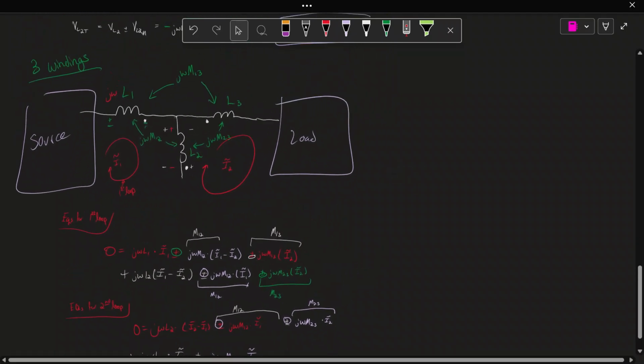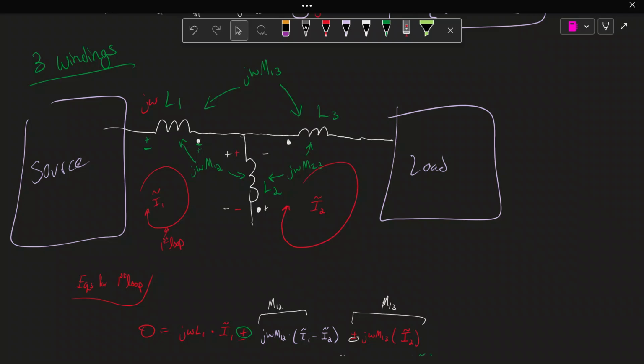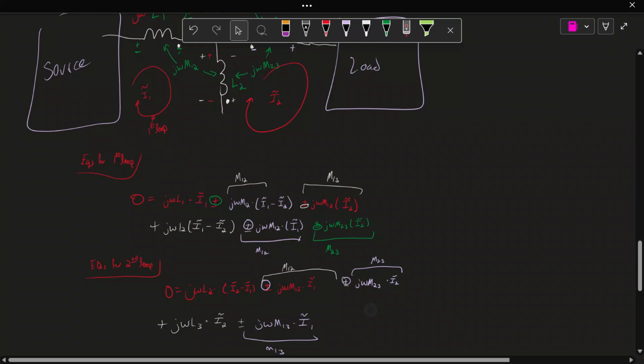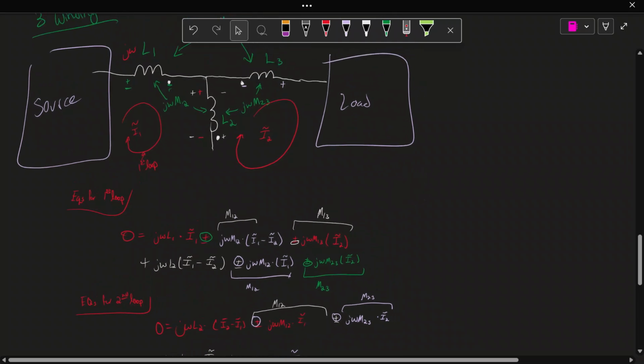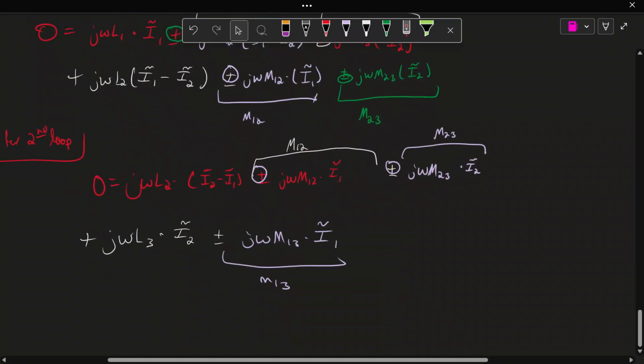Now, I1 is going through L1 at the undotted side first, so we have a positive at the undotted side and a negative at the dotted side. And now I2 is going to go through the dot first, which is the negative side of L3. So we have a negative on this one.